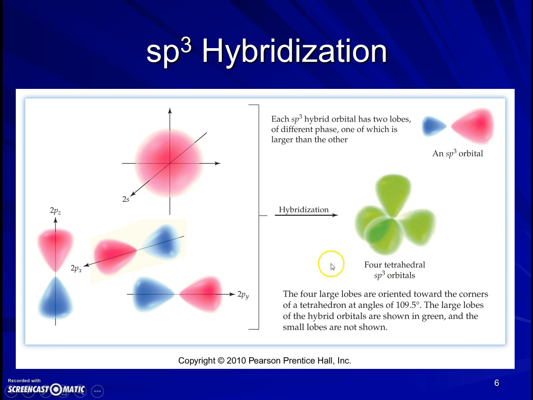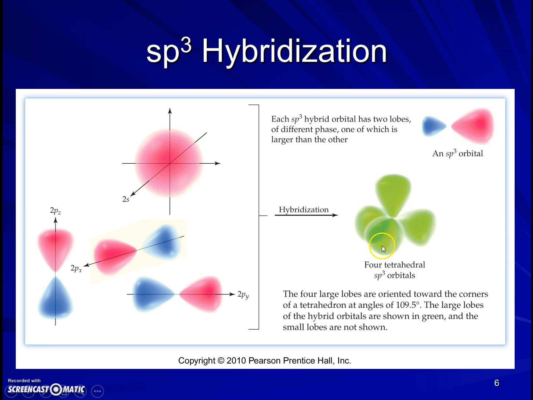Since each of these is made from three parts p and one part s, we'll call them sp3 orbitals.